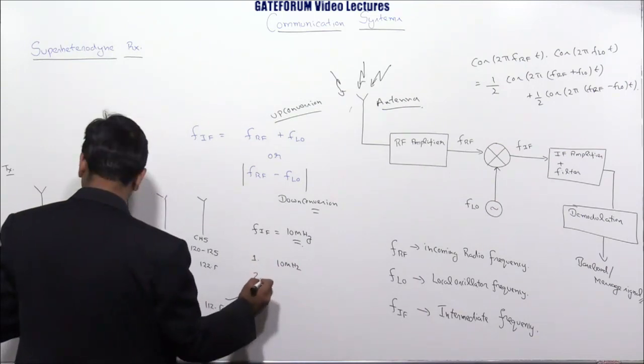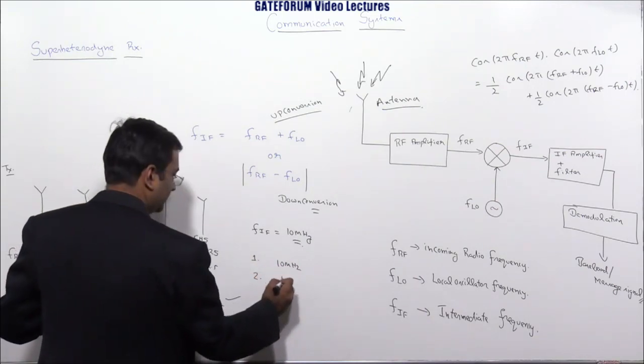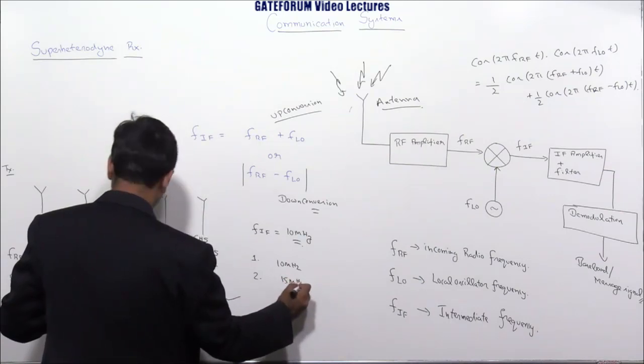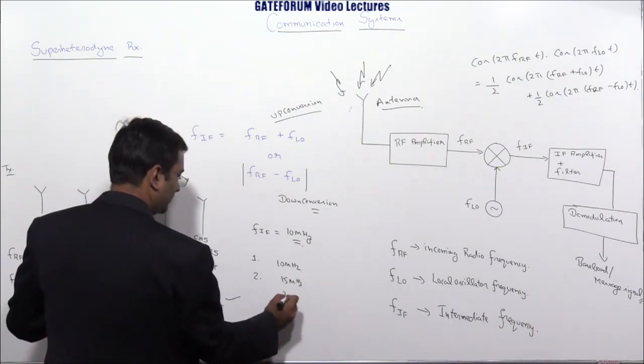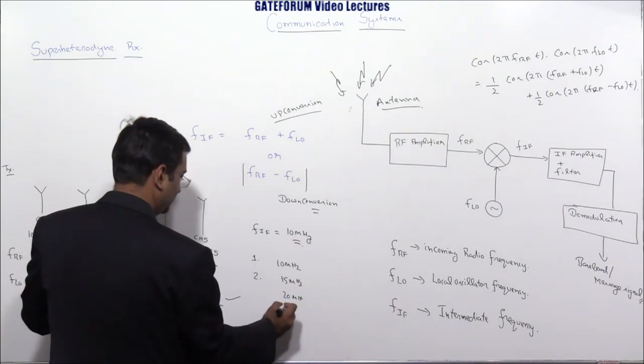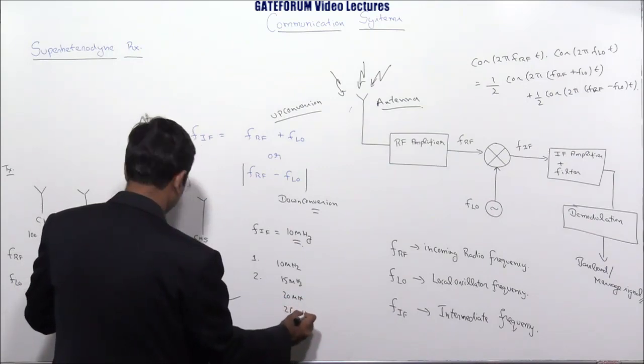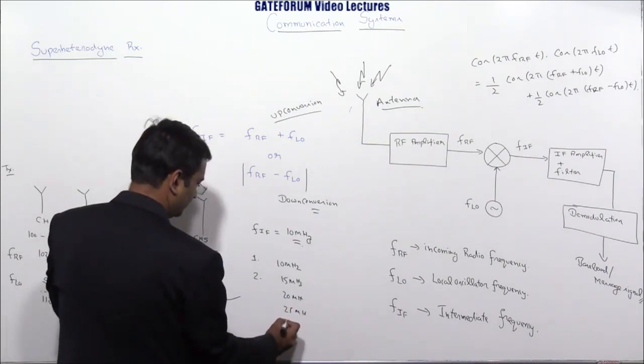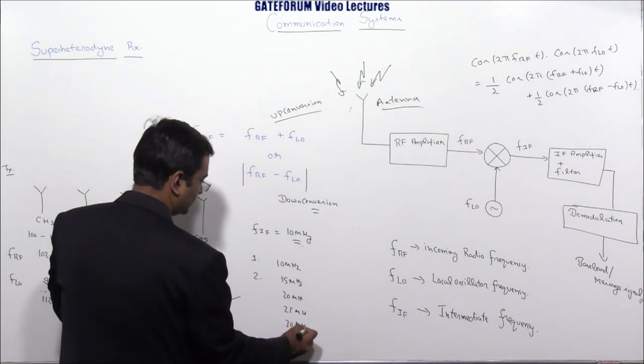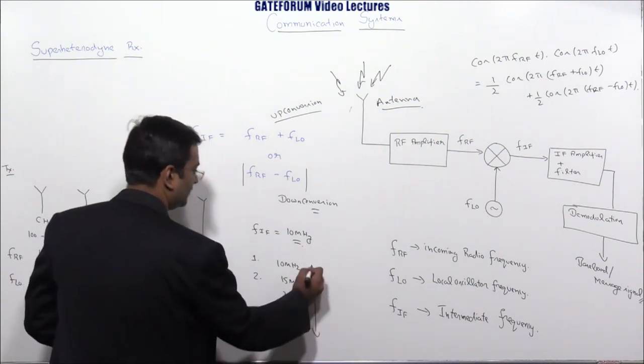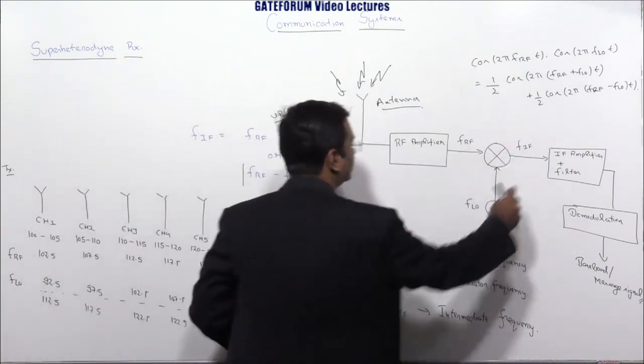For the second one it will give me 15 megahertz, then for this 20 megahertz, for this 25 megahertz, and for this 30 megahertz. Right? Now 5 frequencies are available at this point.